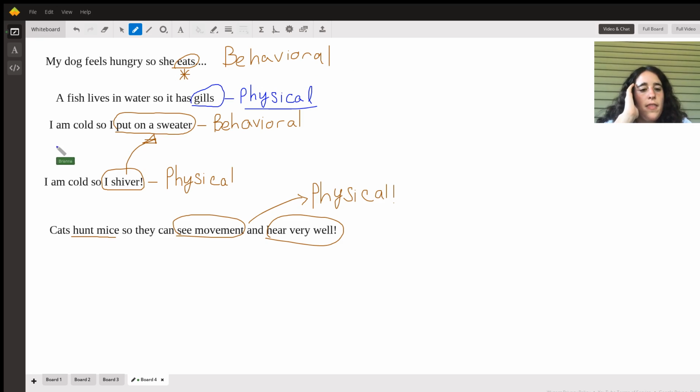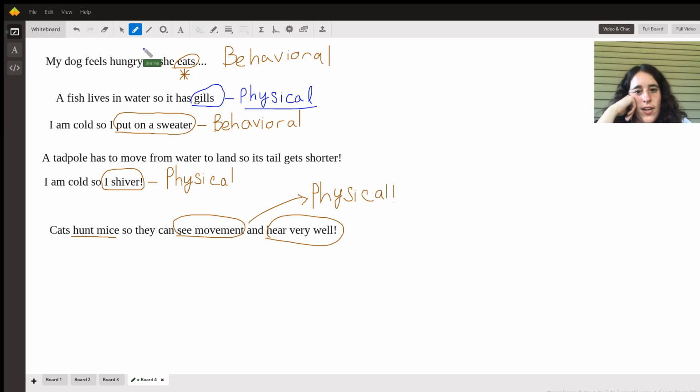What about this one? A tadpole has to move from water to land, so its tail gets shorter.